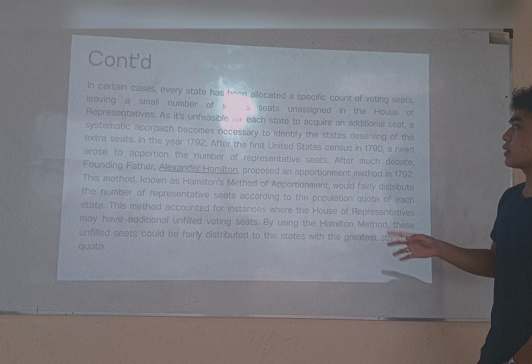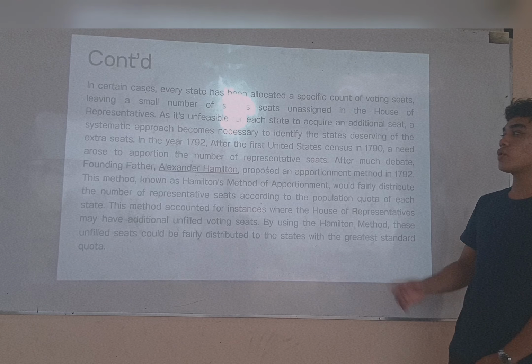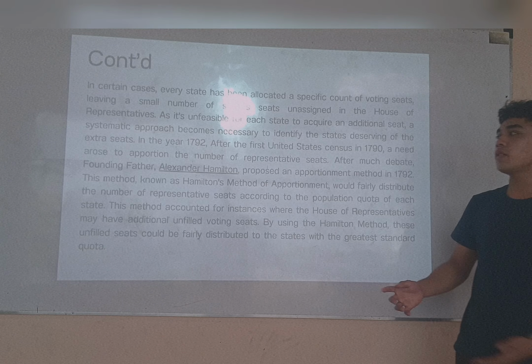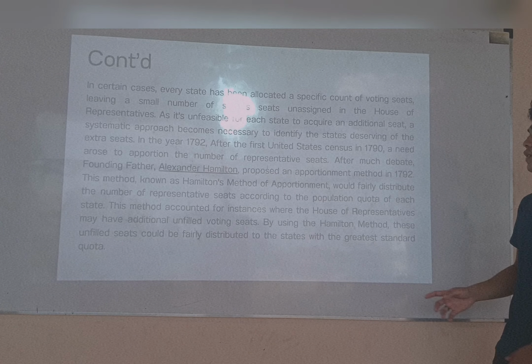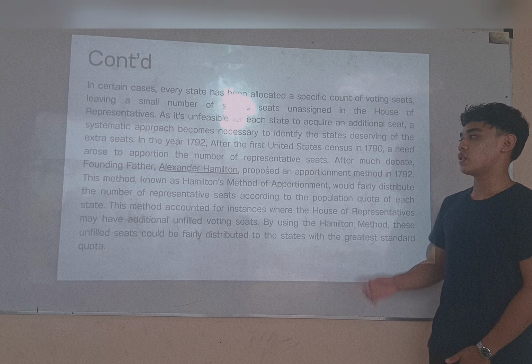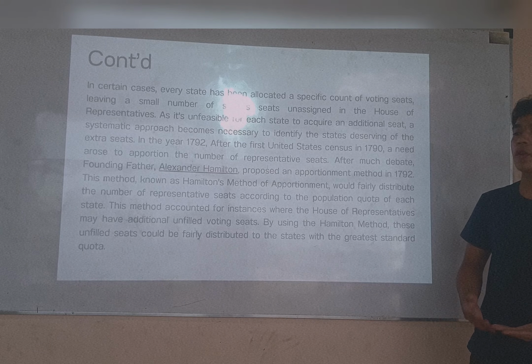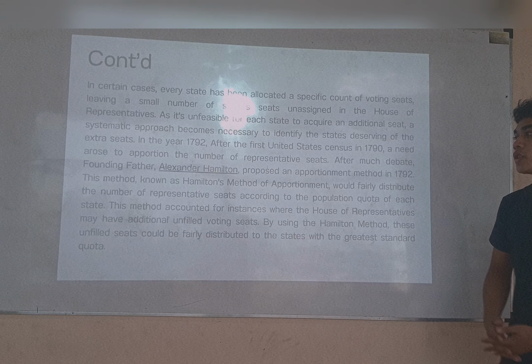After the first United States Census in 1790, a need arose to apportion the number of representative seats. After much debate, founding father Alexander Hamilton proposed an apportionment method in 1792. This method, known as Hamilton's method of apportionment, would fairly distribute the number of representative seats according to the population quota of each state.